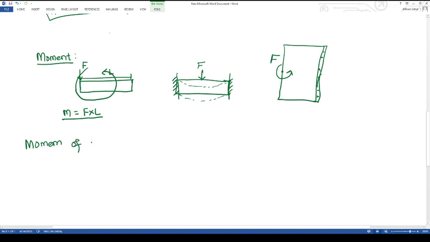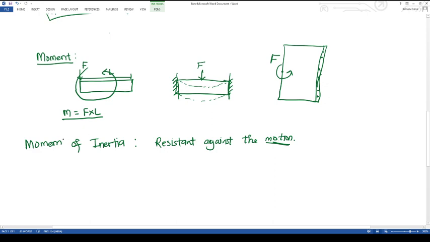So now altogether, what is moment of inertia? It is nothing but a resistance against the motion. Right? Motion, why motion?